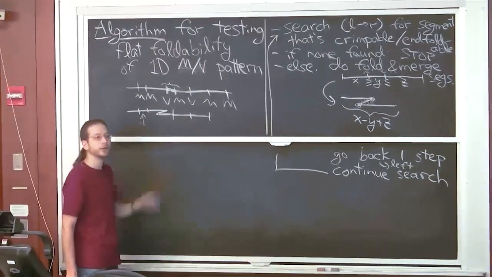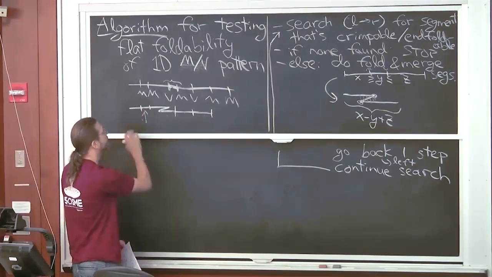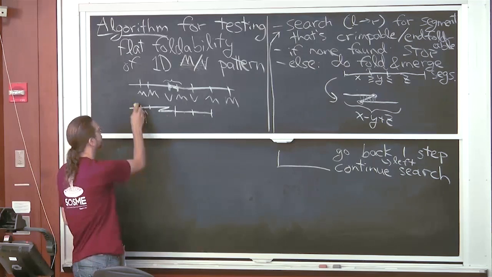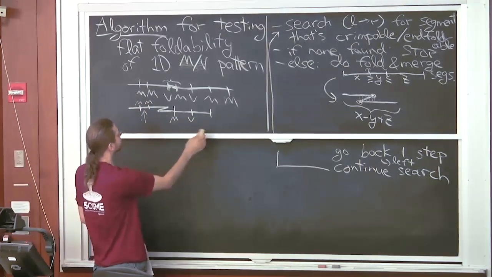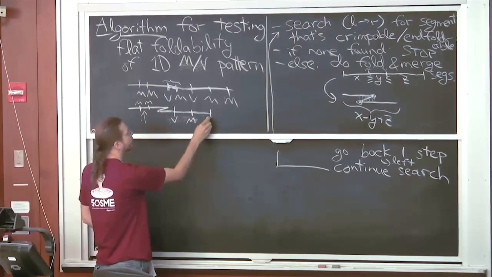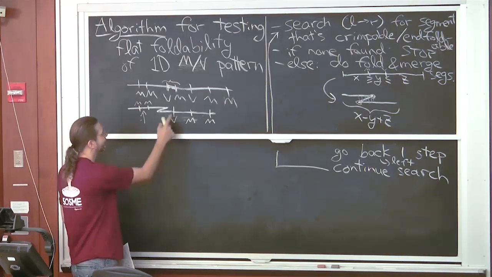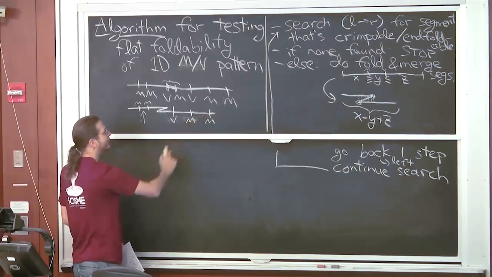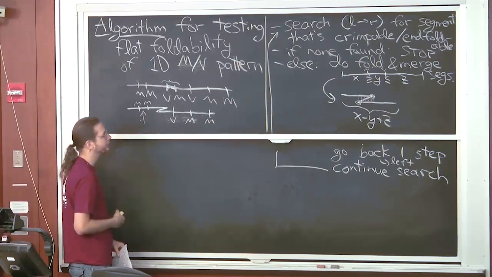And just keep going. And I'm guessing this pattern is not flat foldable because of these two. We could check. Did I miss one? Sorry. V, M, M, and then there's a little thing. So I think this is going to crimp, and then this will get n-folded, but still this is a problem because of the two m's.